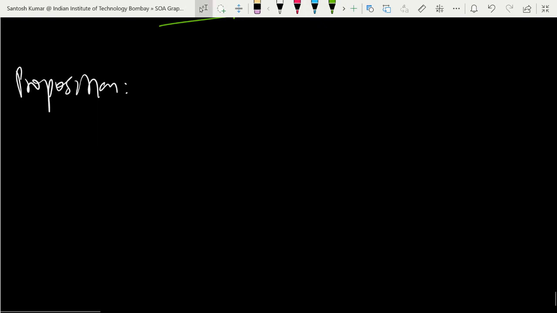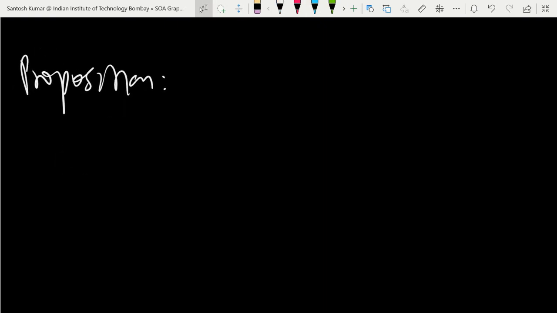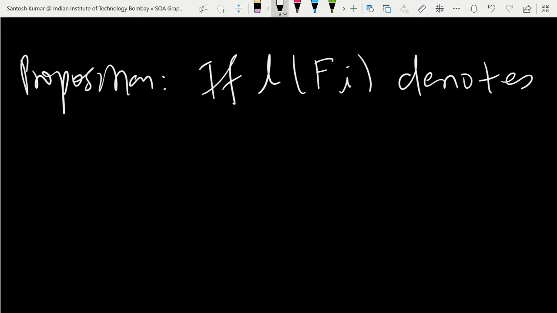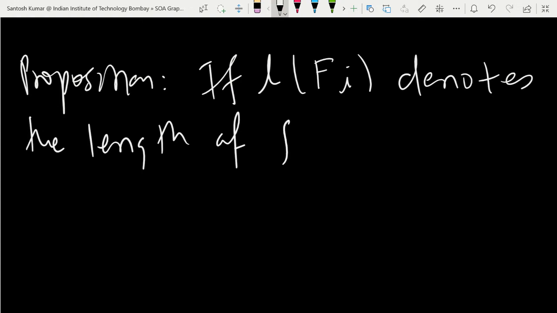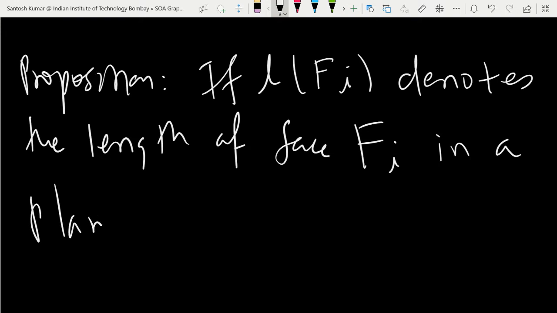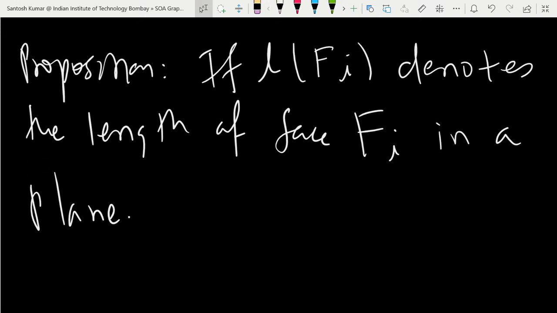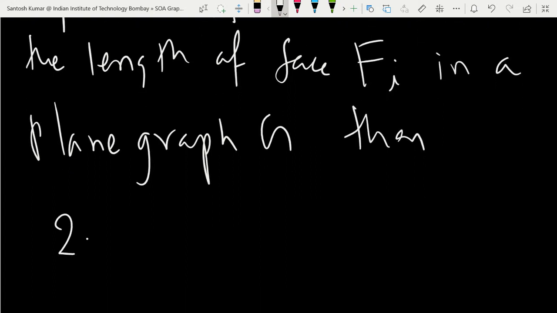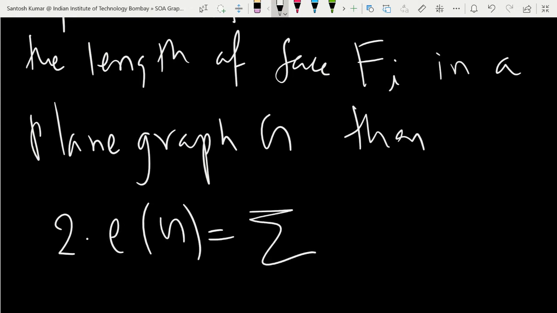So the proposition is: if L of fi denotes the length of face fi in a plane graph G, then twice the number of edges in the graph is equal to the sum of the lengths of the faces.